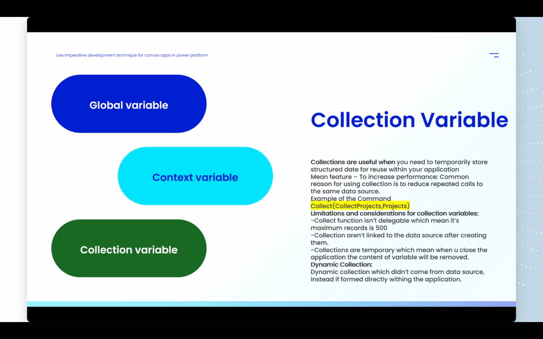There are many limitations and considerations that should be taken into account while using collection variables. First thing, it is not a delegable function, which means its maximum is 500 records. Second, collections aren't linked to the data source after creating them, which means after creating the collection, any update to the collection will not be reflected in the data source anymore.